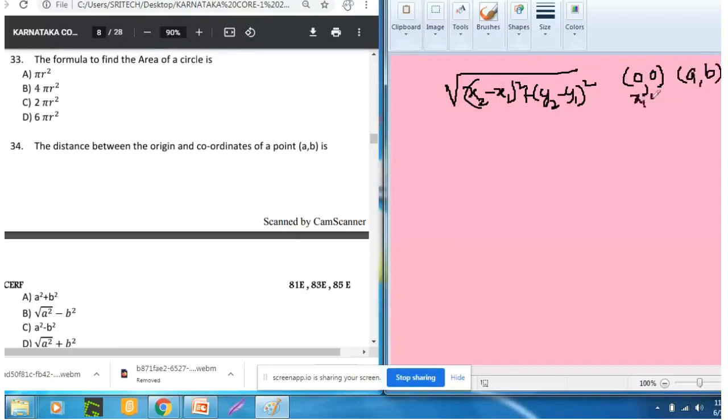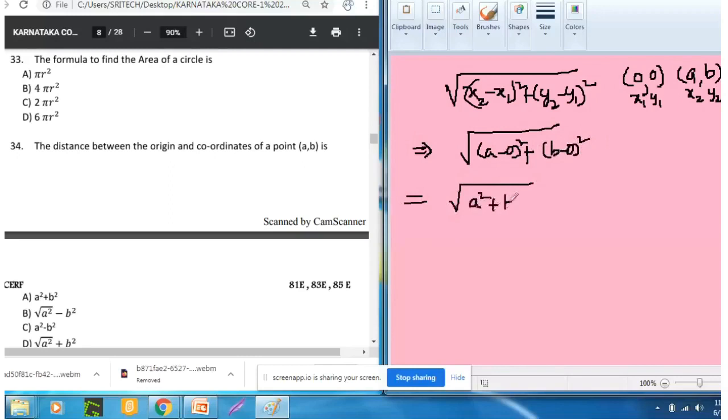We have to represent the first point with x1 y1 and second point as x2 y2 and we will replace in the formula. So x2 minus x1 is a minus 0 whole square plus y2 minus y1, b minus 0 whole square. This can be represented as a minus 0 is a itself, b minus 0 is b itself. So square root over a square plus b square. Correct option here is D.